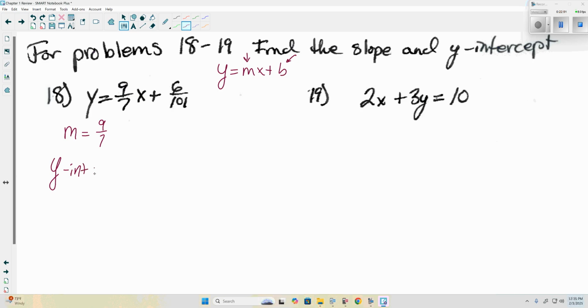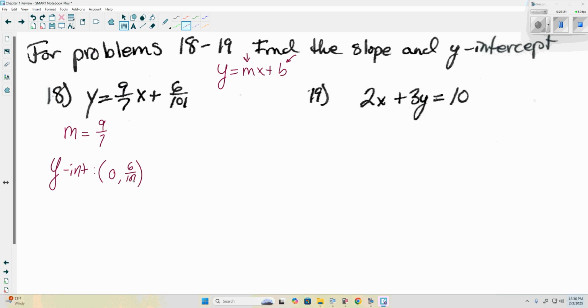It's not so much that one's right and one way's wrong, but the y-intercept and x-intercept is technically a point. The x value of said point is 0, because it's where it's crossing the y-axis. For x-intercepts, the y value is 0. And it's 0 comma b, so our b value is 6 over 101.